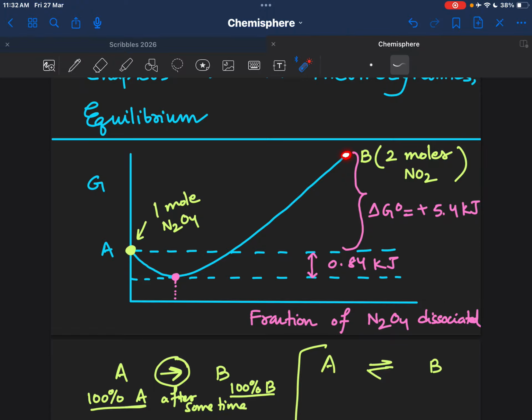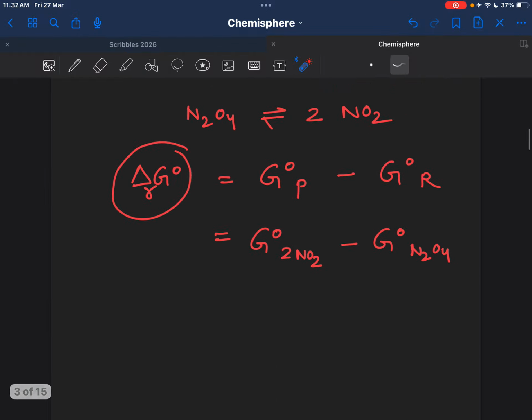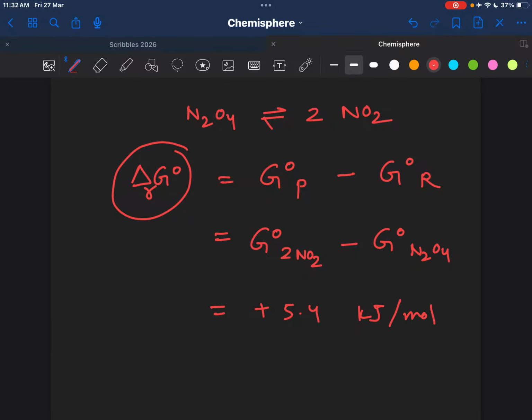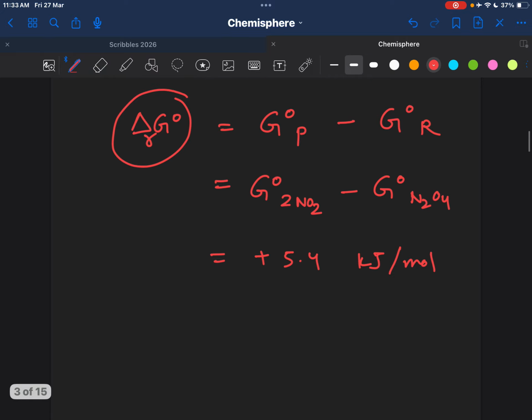GB is greater, obviously, and GA is smaller, so the difference between them is 5.4. So the delta R G naught, the change in Gibbs free energy of the reaction, is plus 5.4 kilojoules per mole. That is correct.